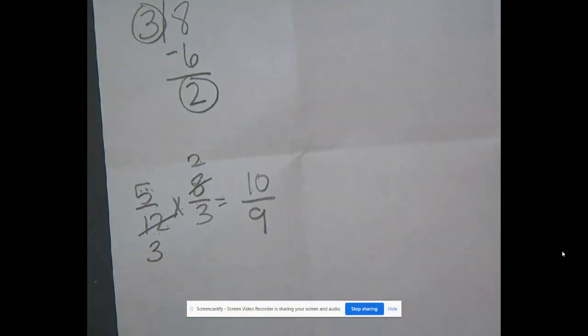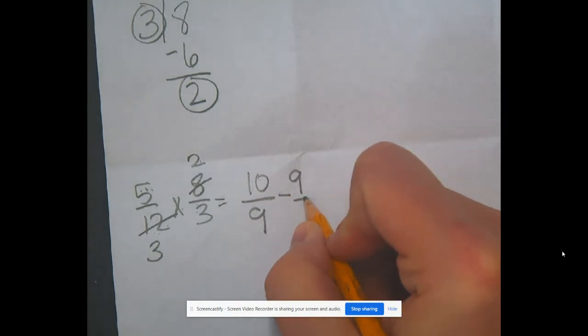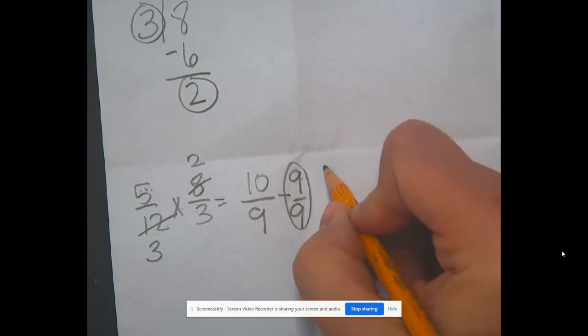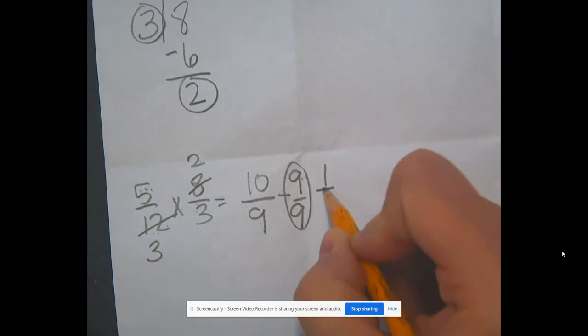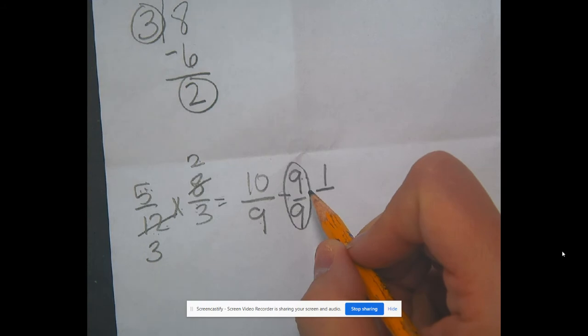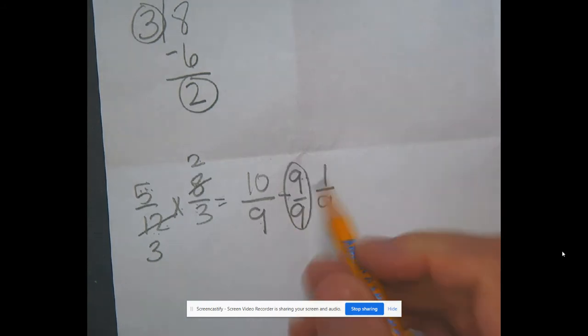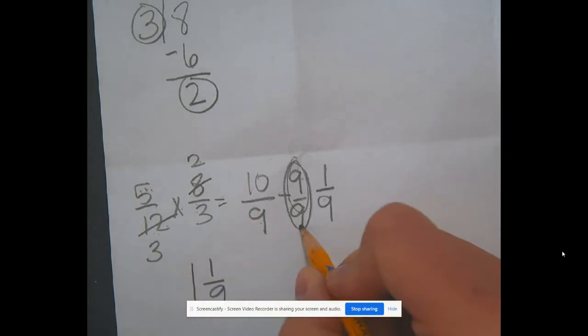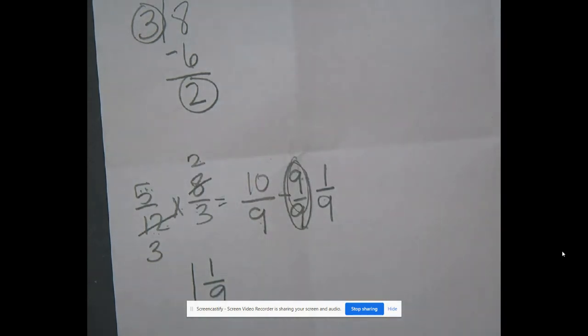Ooh, that one's so much easier, right? Because I could just take out a whole. 10 minus 9 is 1. And our denominator is 9. So I have 1 and 1/9, because this is a whole. Now, those of you that did 40 over 36, did you still get 1 and 1/9?